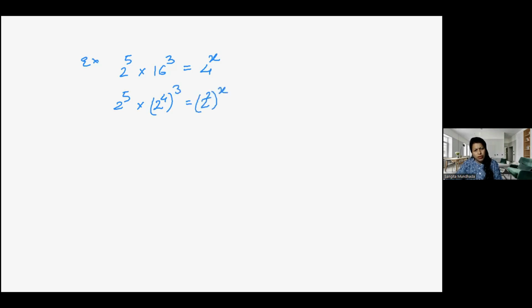Now again which law? a raised to m whole raised to power n is equal to a raised to power mn. So here 2 raised to power 5 into 2 raised to power 4 into 3 is 12 is equal to 2 raised to power 2x.